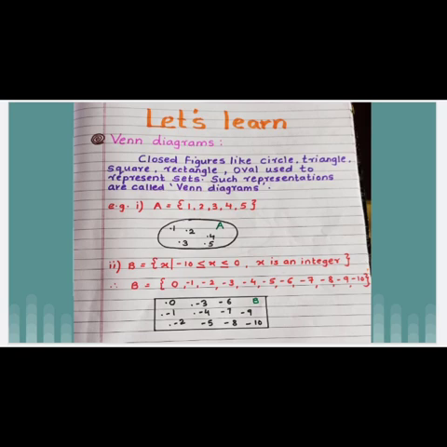So here for the representation of the Venn diagram I use a square. In the square I mention all the elements which are in set B, and in the corner I write the name of the set by using a capital letter. Okay.